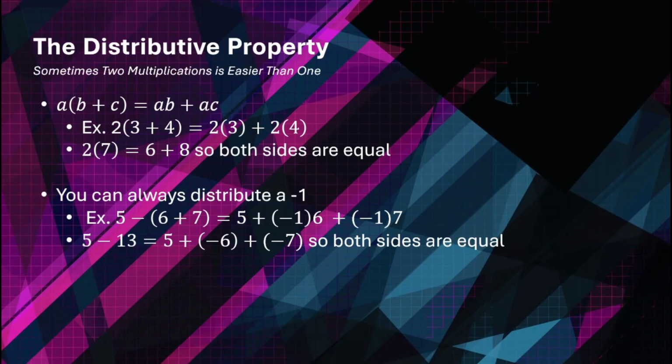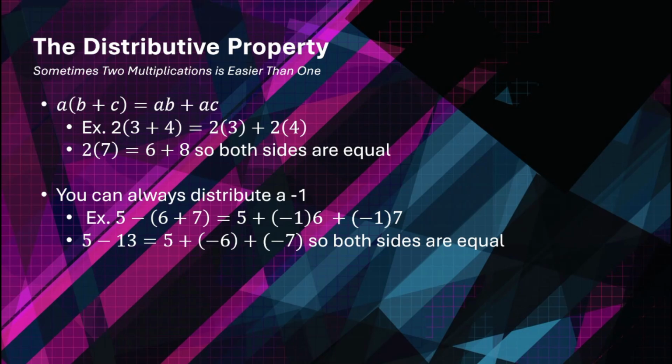Not everybody does that in their head super easily. But if you had 12 times 12 plus 12 times 10, that might be a lot easier, depending on how good your times tables with 12 are. So that's an example of where you might use the distributive property to make an easier set of mental math for you to work.